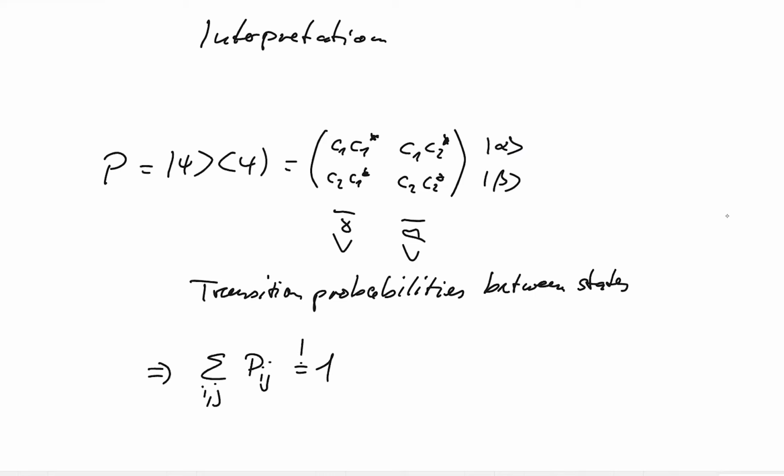So with these transition probabilities, we now have to rewrite the fundamental equations a bit. The fundamental equation for spin is clearly the Schrödinger equation. So what we do now is we rewrite the Schrödinger equation.